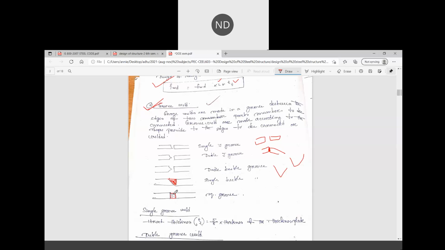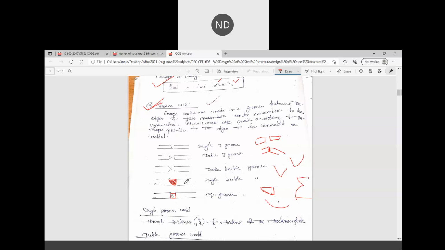So square groove. Then you have this one, double bevel groove. It's a little bit circular kind, it's not like an I. So when you have this portion twice, like this and like this, that is nothing but your double bevel.